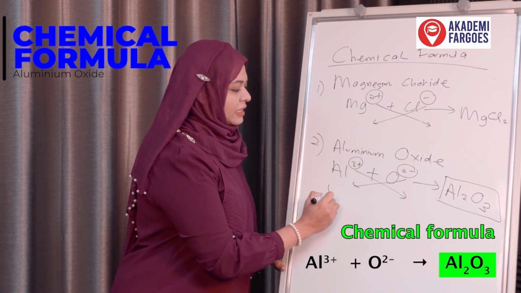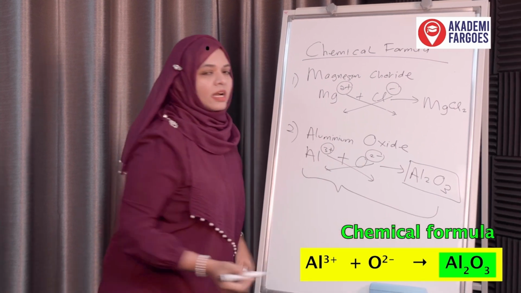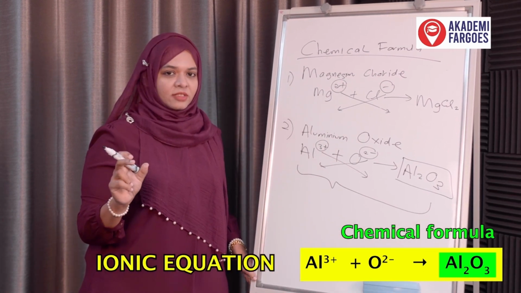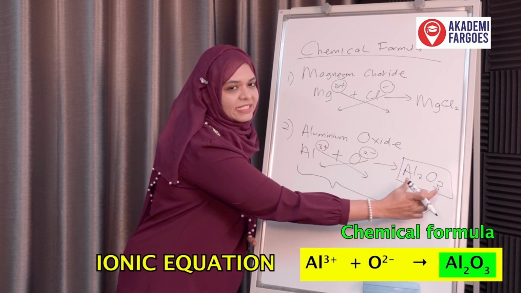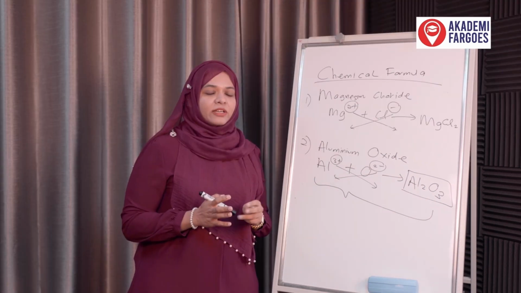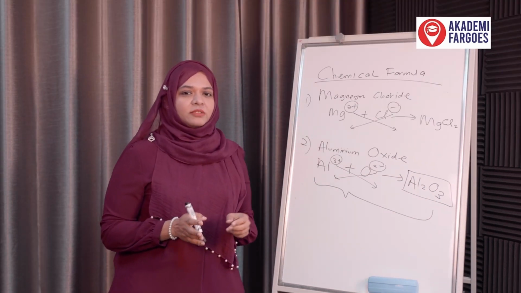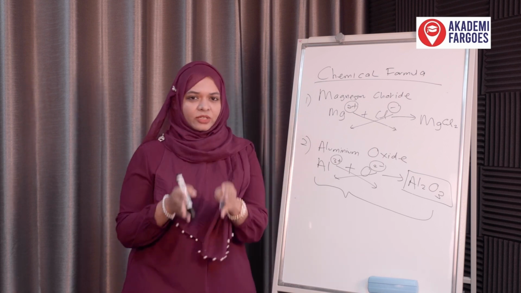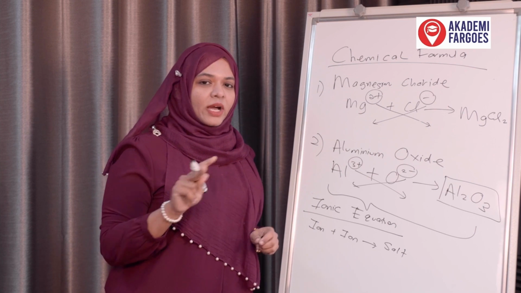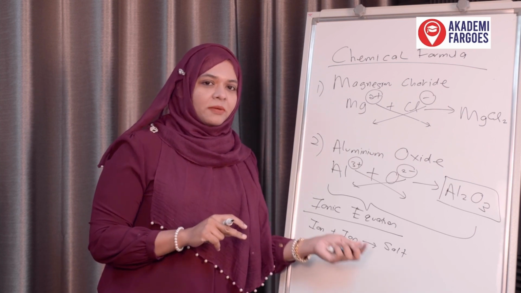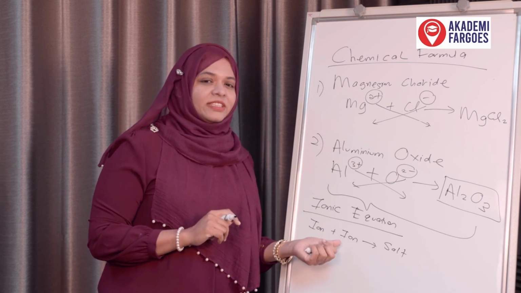If it is the whole thing, we call it an ionic equation. So it's two different things. This is the ionic equation. This is the chemical formula. What is an ionic equation? An ionic equation is a combination of ion plus ion that will produce a salt. But the two ions combined to produce a salt must be a positive ion and a negative ion.